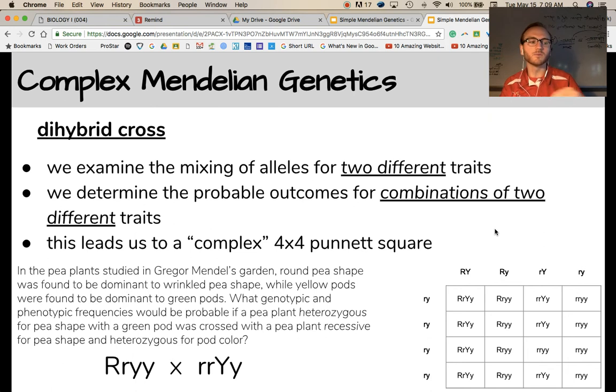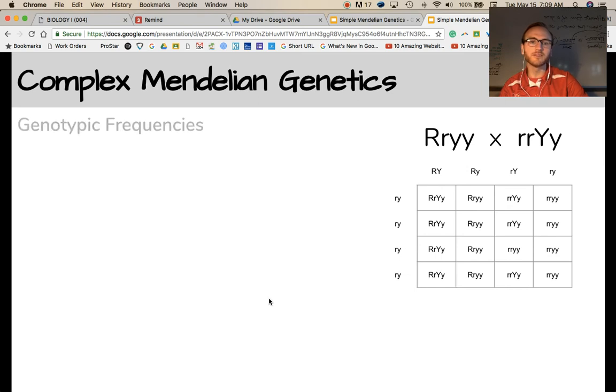And now, again, what we need to do is actually answer the questions that were asked in the word problem. So again, it's asking for genotypic and phenotypic frequencies. So let's take a look at the math behind the genetics. For genotypic frequencies, we have to very carefully count the information that's in the table. If we look, very first in the upper left-hand corner, we have a big R, little r, big Y, little y.